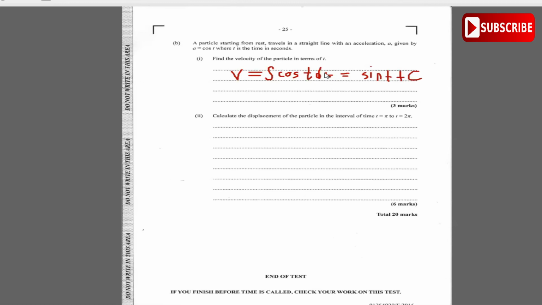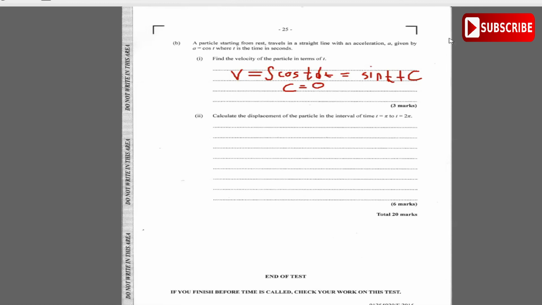Now, what is this constant? It said that it started from rest. So if the particle starts from rest initially, when t is 0, v is 0. So clearly the constant is 0 because it started from rest.